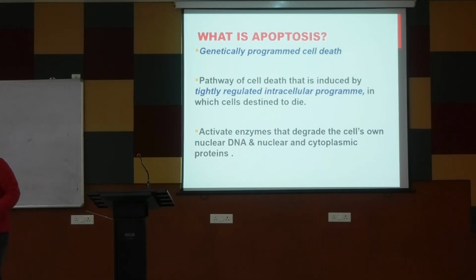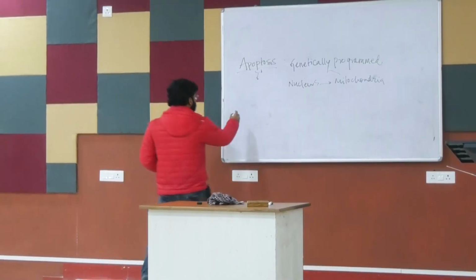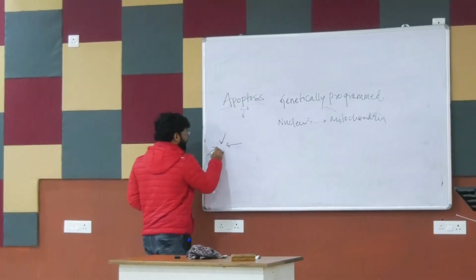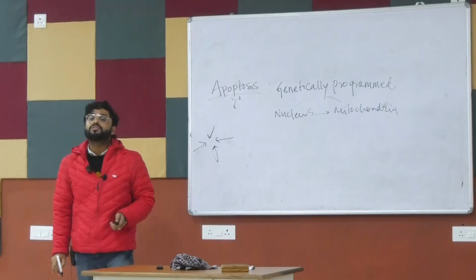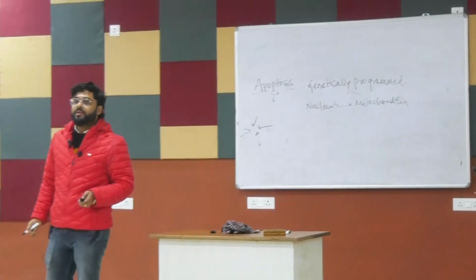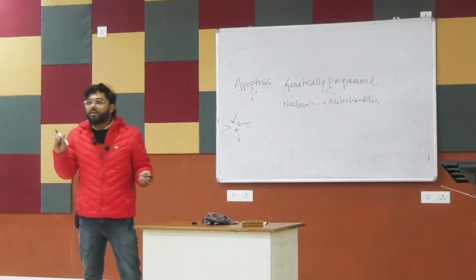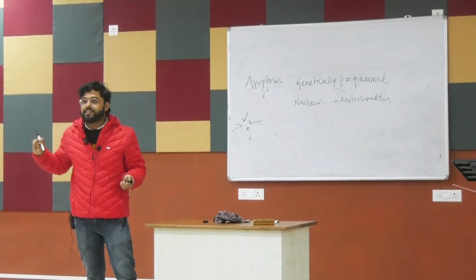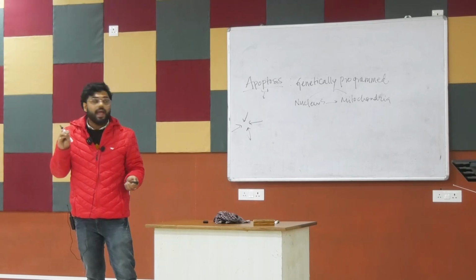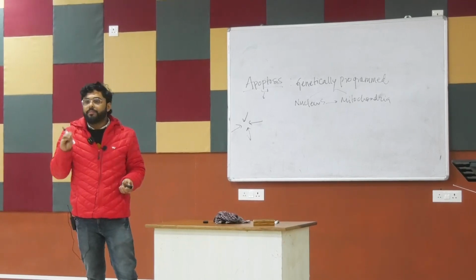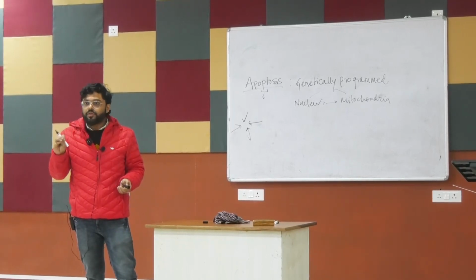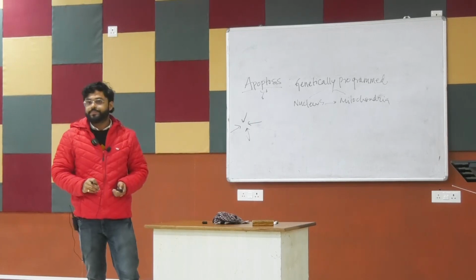In apoptosis, the most important point is that the whole cell size is reduced. That is known as shrinkage. Cell shrinkage is an important clue that the cell is dying, and it is an important histopathological marker of apoptosis.